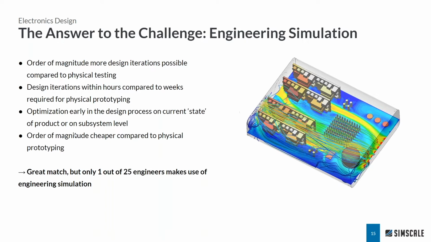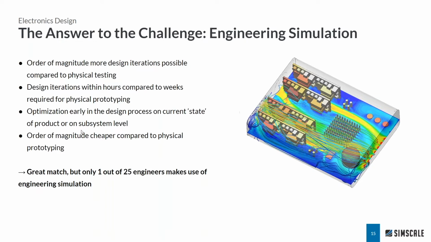Then it does not need to be every component already defined to the latest state. You can even do it on subsystem levels, have interfaces to different teams. So you can just start way earlier and already get to a much better optimized product when you consider physical testing, which in the end, obviously, we also recommend to do as a last step, but you're much faster essentially in iterating.